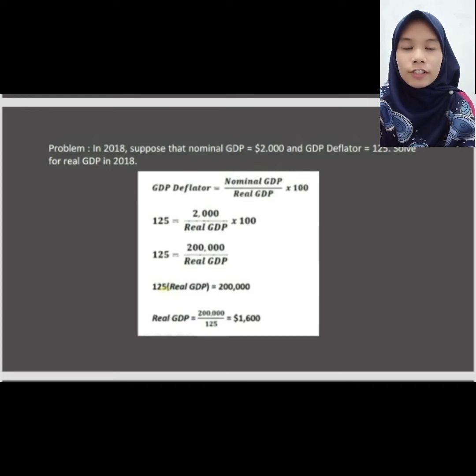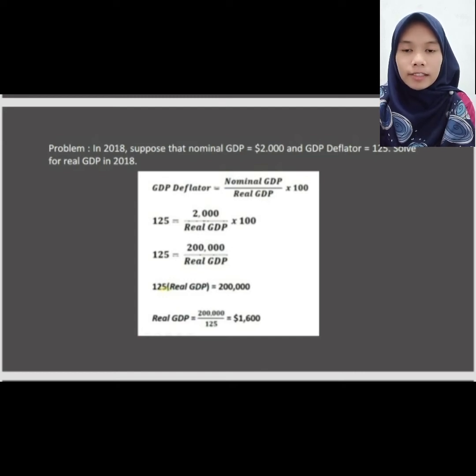What is the value of real GDP in 2018? GDP deflator equals nominal GDP divided by real GDP multiplied by 100. We know that GDP deflator is 125. So, 125 equals 2000 divided by real GDP multiplied by 100.